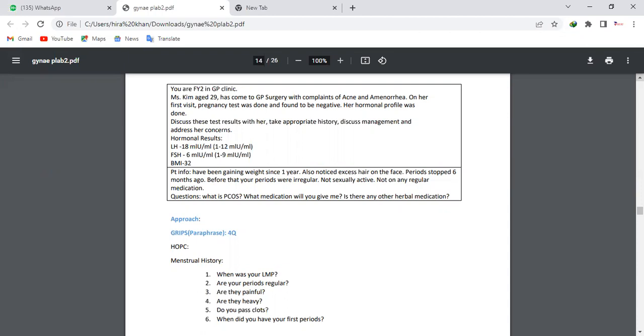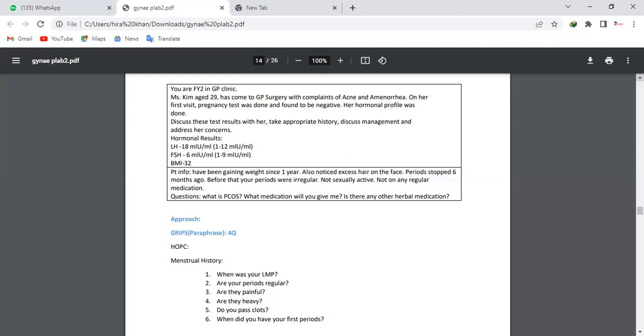Well, my period stopped 6 months back, and before that, the periods were really irregular. All right. So how long have you been getting these irregular periods? Well, almost 1 year back, I started having irregular periods, and then I have not had a period for the last 6 months. Oh, okay.